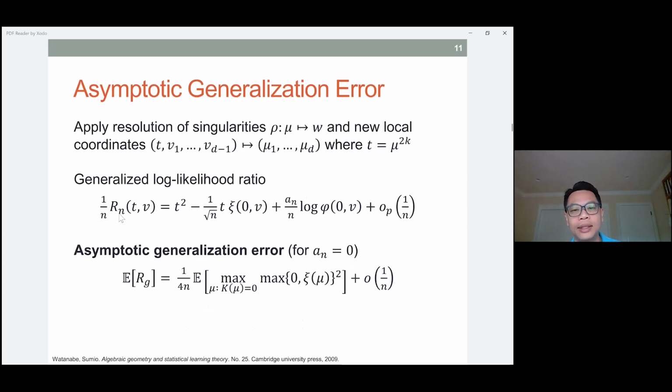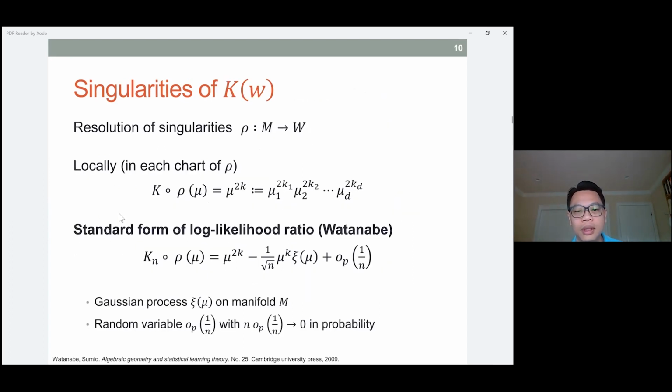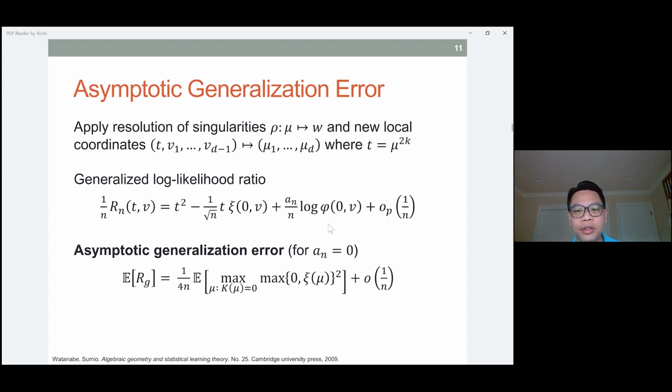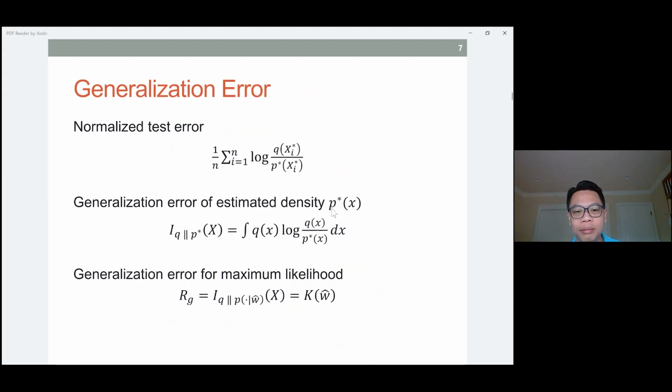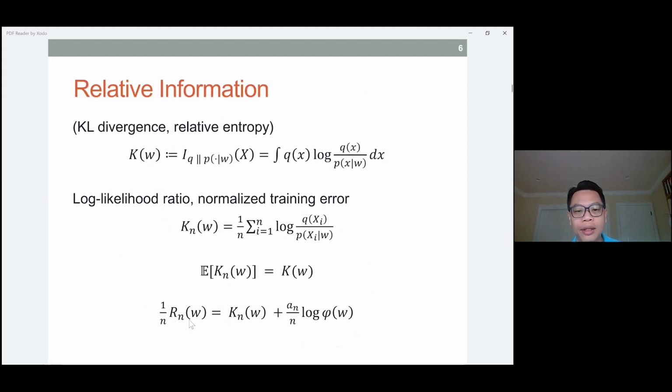So Rn is stochastic. Depending on your data, the minimizer is going to change; it's going to be jumping around. But even if you take the expectation of R, you're going to have this extra term with the regularizer. If you look at Rn over here, it has a likelihood term and a regularizer.